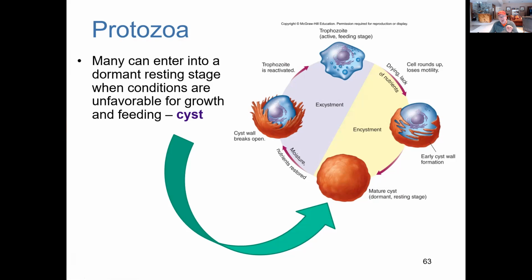It's somewhat reminiscent or similar in a kind of indirect way to how a vegetative cell of a bacterium, if it's an endospore former, right, can form into an endospore, ride out those dry times when there's not much nutrients around until things improve, and then the endospore germinates into a vegetative state. So it's kind of similar to that, although don't get them mixed up. This is a eukaryotic cell. This is a protozoan of some sort, not a bacterium.